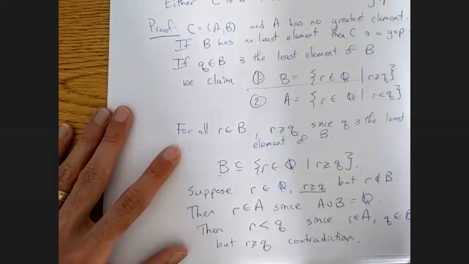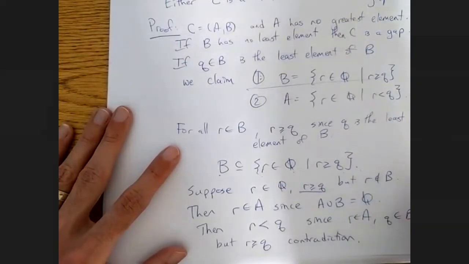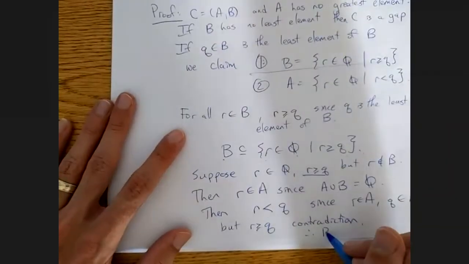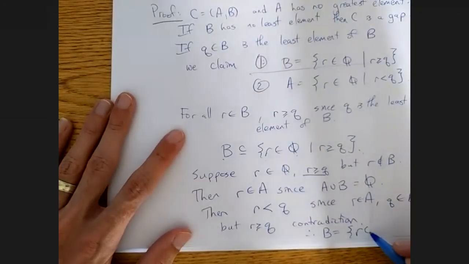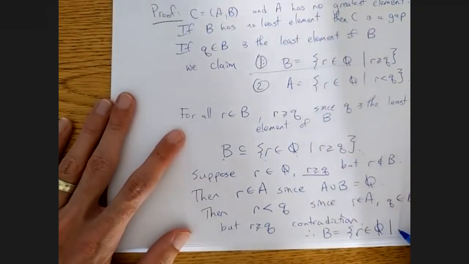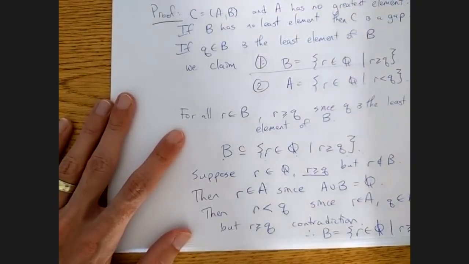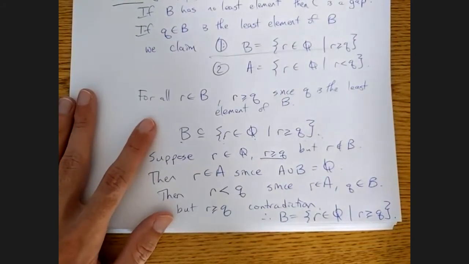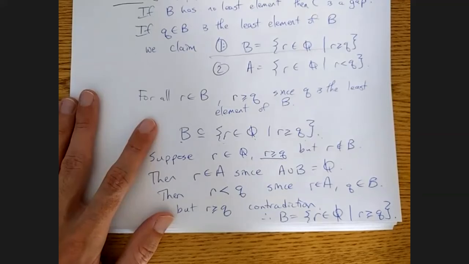Okay, so there's no rational number that's not in B that's bigger than or equal to Q. Therefore, B equals the rational numbers bigger than or equal to Q. And now A is just the complement of B relative to the rationals.